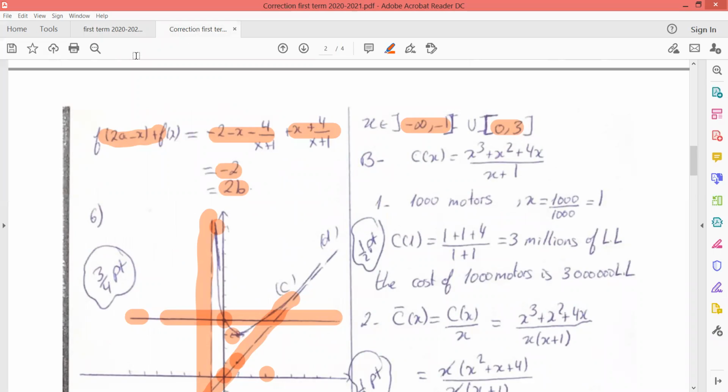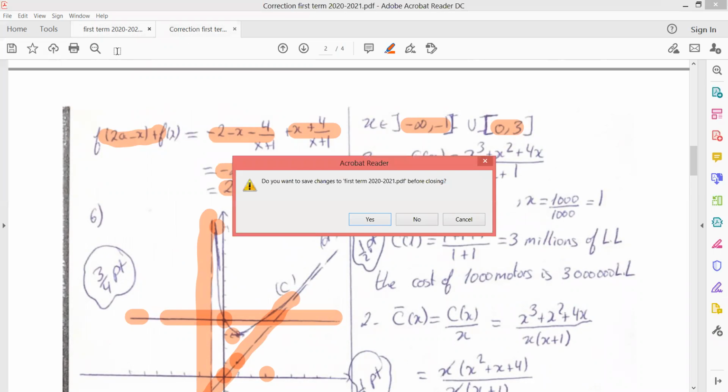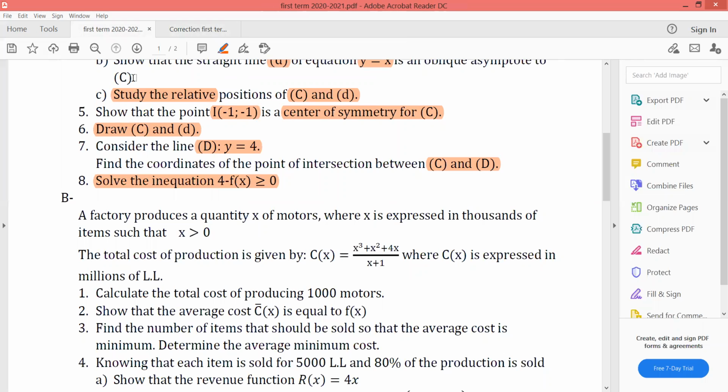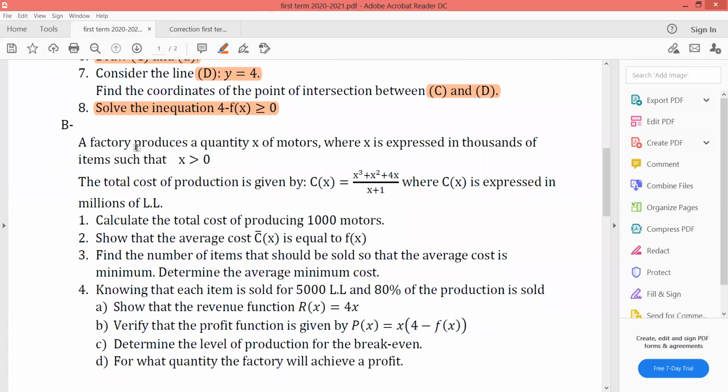Now we go to the economic part. A factory produces a quantity X of motors, where X is expressed in thousands of items.